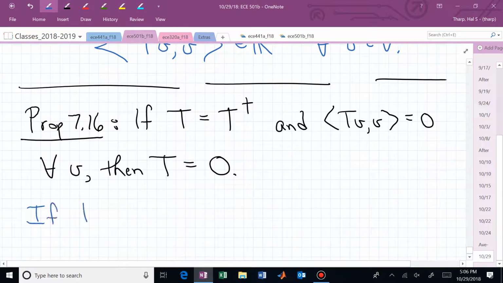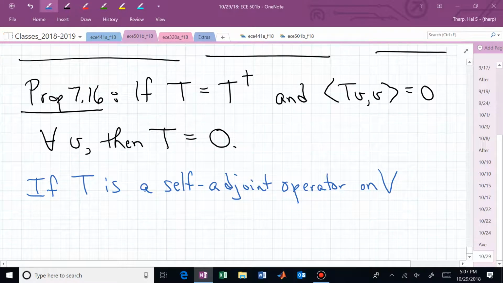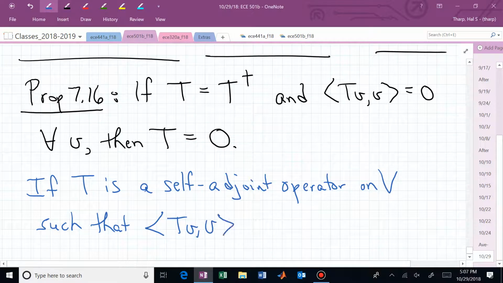If T is a self-adjoint map or operator on V such that the inner product of TV with V is 0 for all V in vector space V, then T is equal to 0.